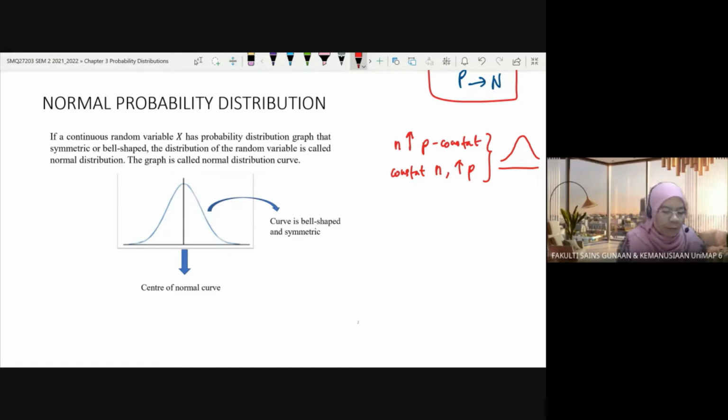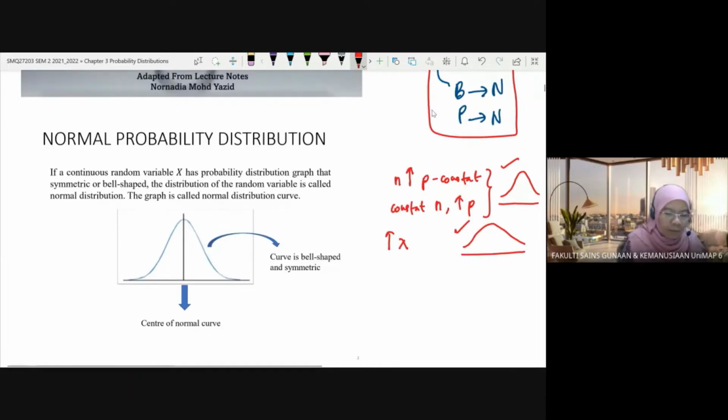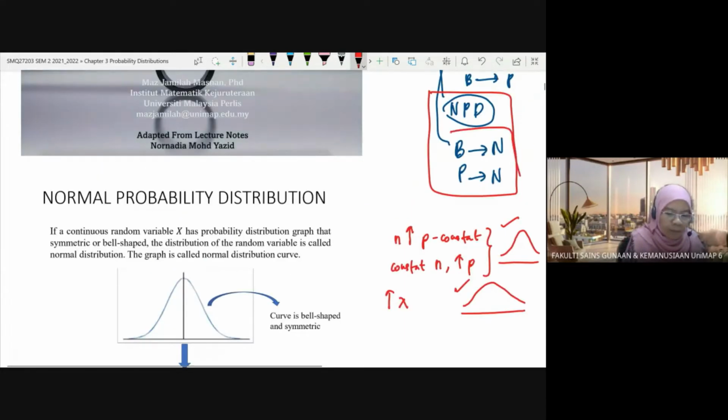The other one is when you have lambda increasing. At a certain point, the distribution of that Poisson also becomes symmetric. Having said this, next we are going to see how we can perform the approximation from binomial to normal and from Poisson to normal.